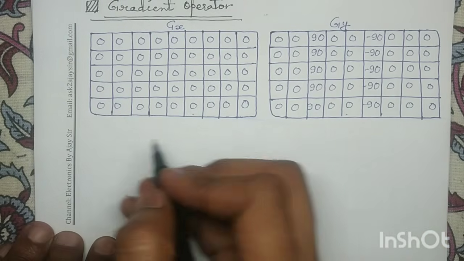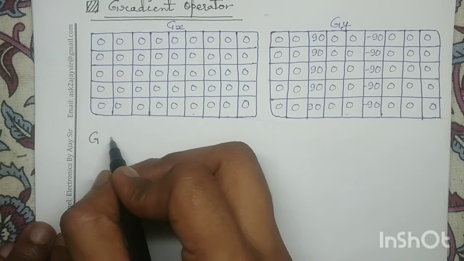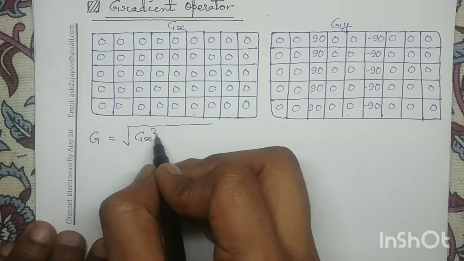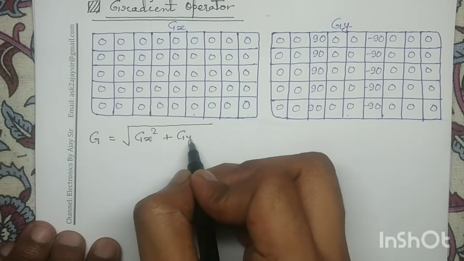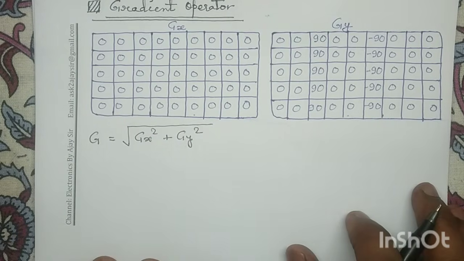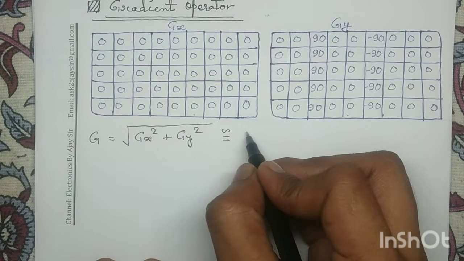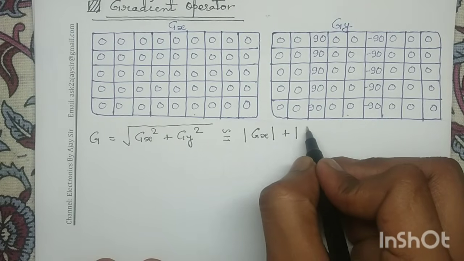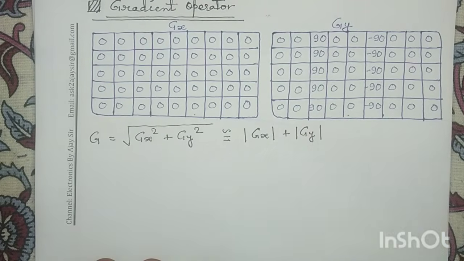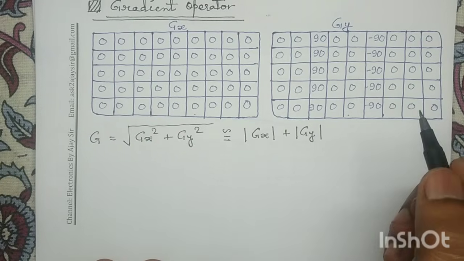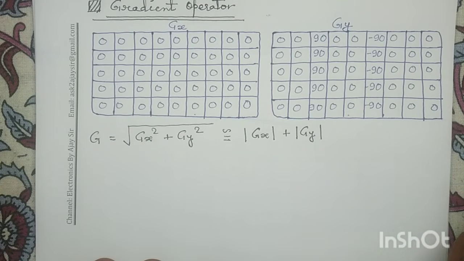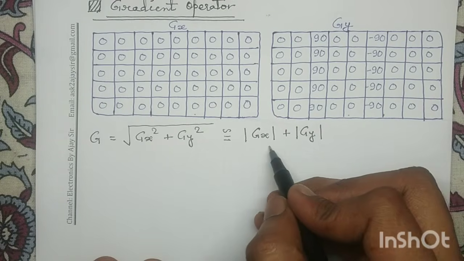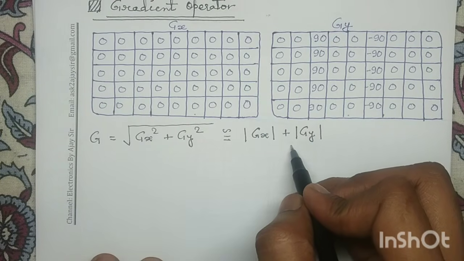The magnitude of this gradient operator is given by this mathematical equation, square root of Gx square plus Gy square. This equation can be approximated as modulus of Gx plus modulus of Gy. So in order to compute the magnitude of this gradient operator, for simplicity, we will use this approximate equation.